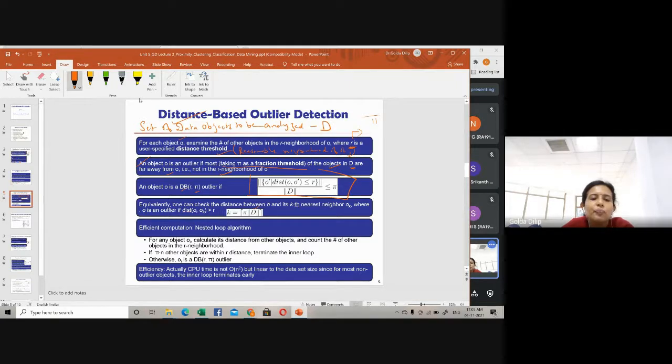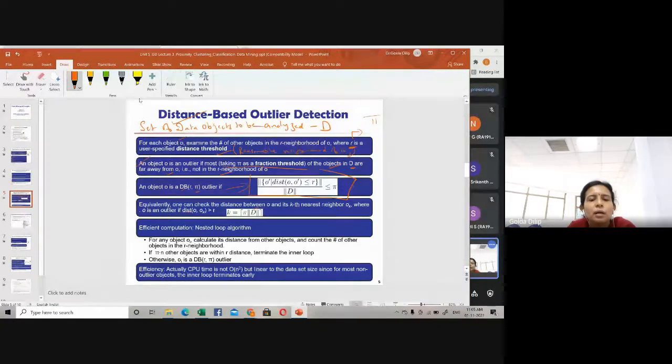Any object O in a distance-based outlier detection technique having parameters R and pi will be treated as an outlier if it satisfies this particular condition. You can always check the distance between this O and the kth nearest neighbor.